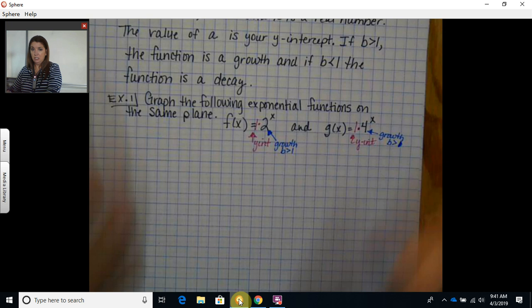Me personally, I'm using a ruler to make it straight. You don't have to. You also can use the straight edge of your ID.